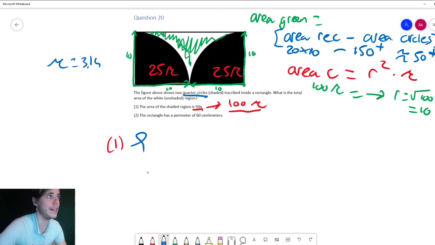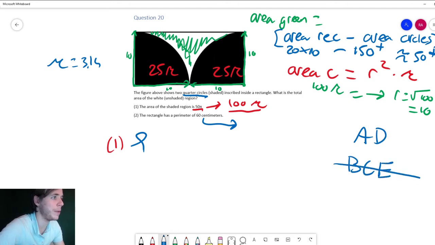Okay, nice. Second statement. The rectangle has a perimeter, 'dus omtrek', of 60 centimeters. So we know the total of the perimeter will be 60. First let's go back to our scratch paper.